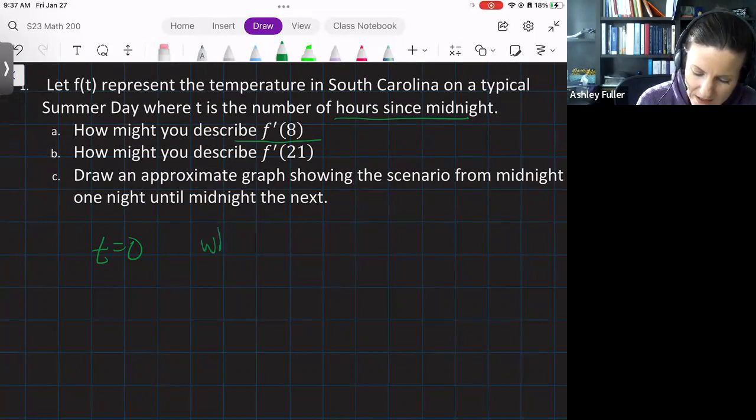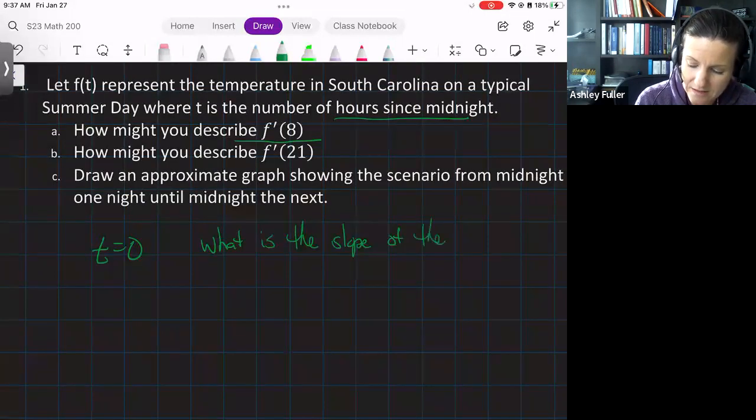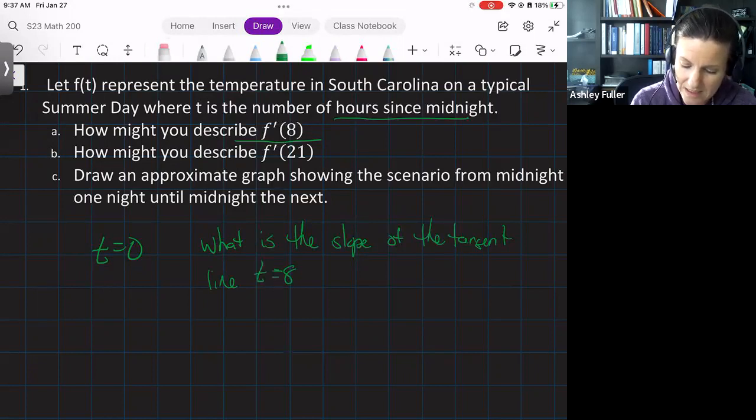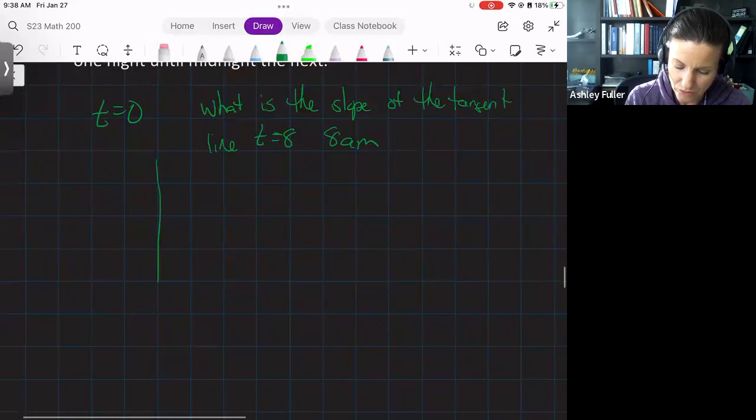That means what is the slope of the tangent line when x is equal to 8, or in this case, t is equal to 8. For t to be 8, that would be at a time 8 hours after midnight, which would be approximately 8 a.m.